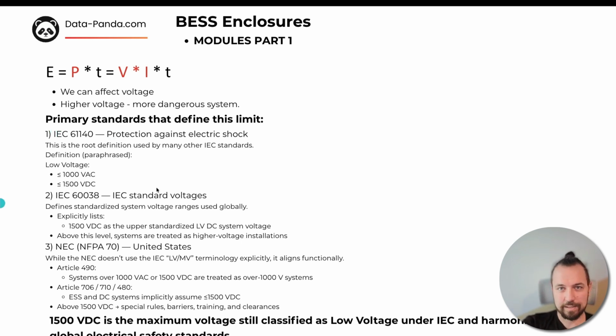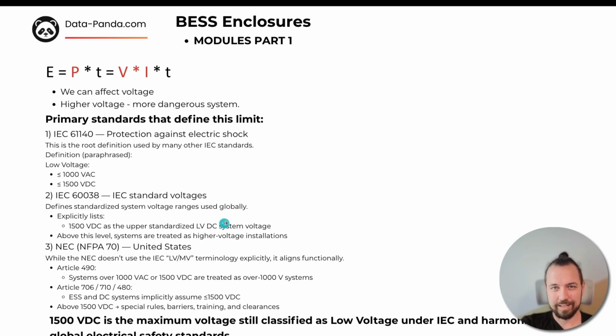In the United States, the National Electrical Code, or NEC, and specifically NFPA 70, align with this practice, and systems above 1500 volts DC fall into a different category with much stricter rules, barriers, training, and clearances. So the key takeaway is simple: 1500 volts DC is not a random number, it's a standards boundary.